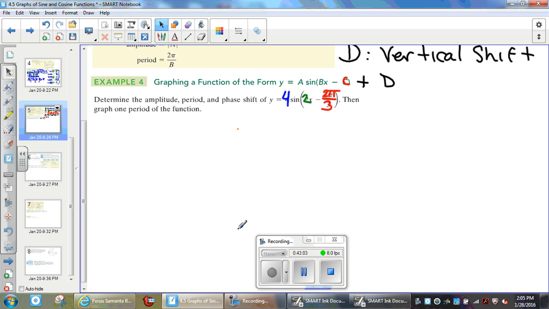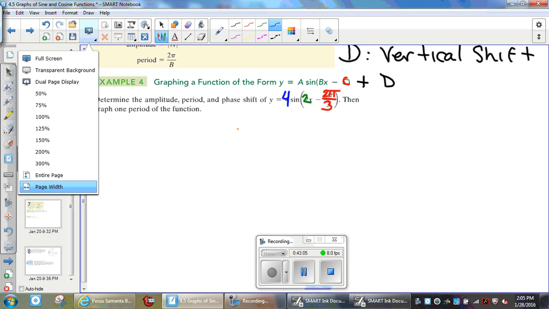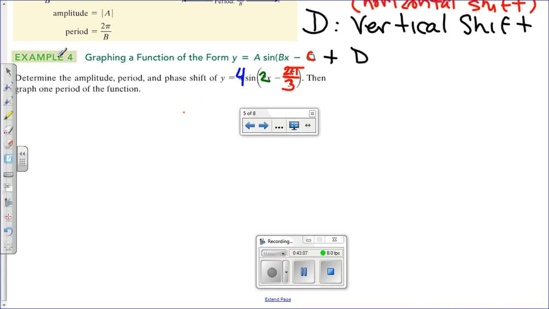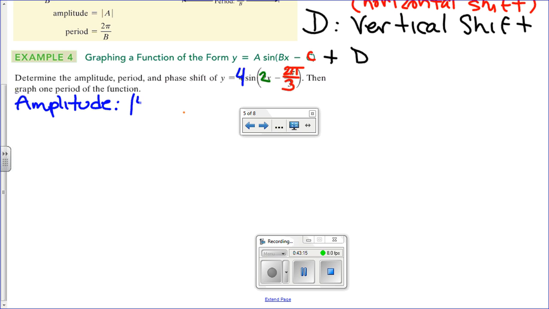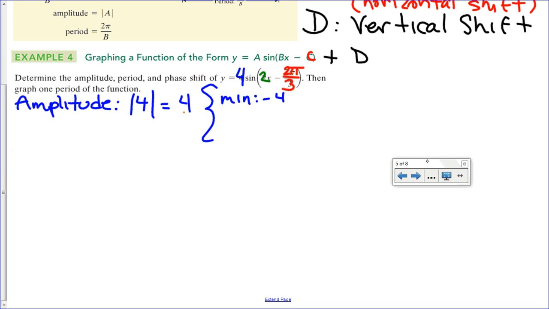Okay, so we start with amplitude. Amplitude will be the absolute value of 4, which is just 4, and that tells me that the minimum will be -4, the maximum will be 4, and the range as an interval will be from -4 to +4.